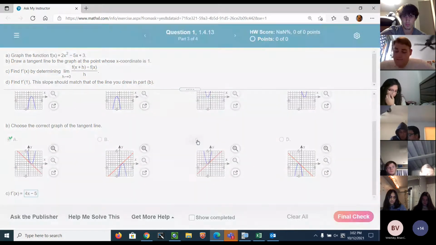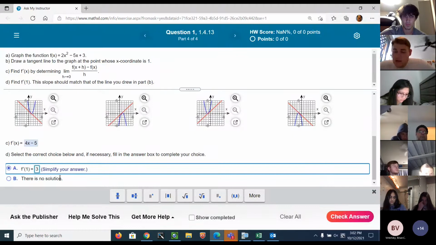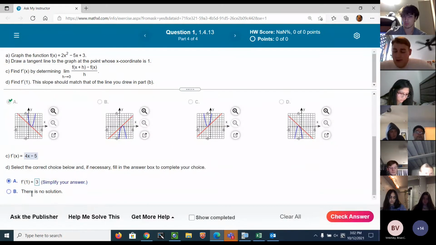And 4x, that would be 4 times 1 is 8 minus 5 is positive 3. Four times 3 is 12. 12 minus 5, I can't even add. 12 minus 5 is what? 7?